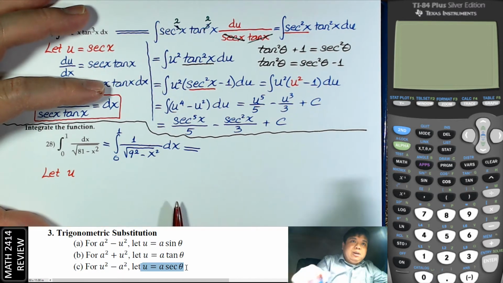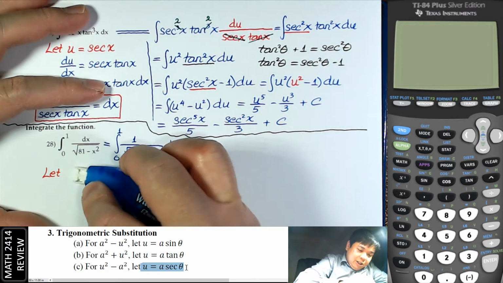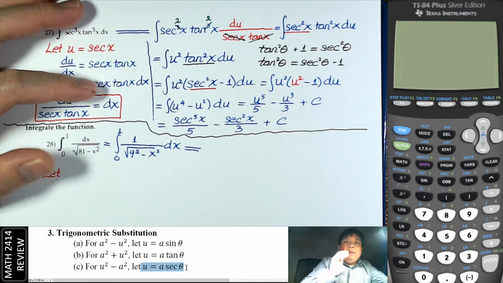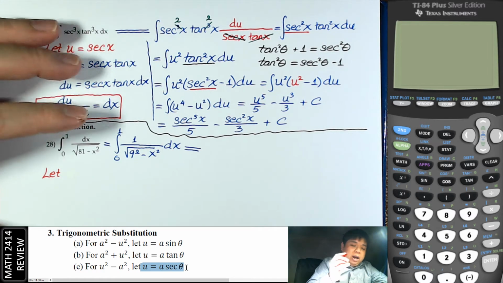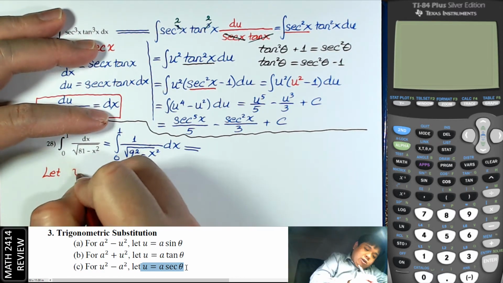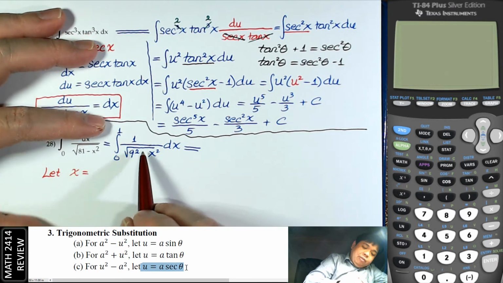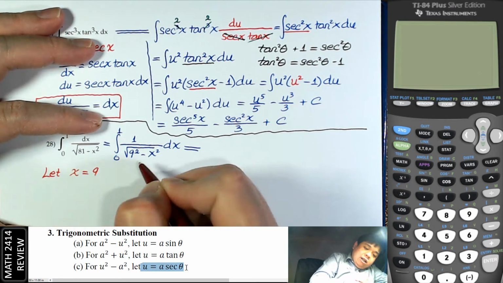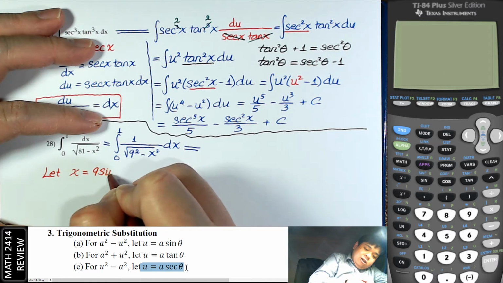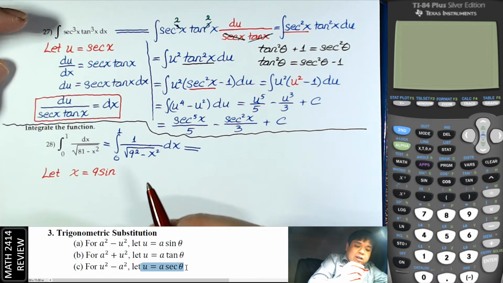It's not a u substitution. Right, constant square minus variable square. So let the variable be 9 sine of x.